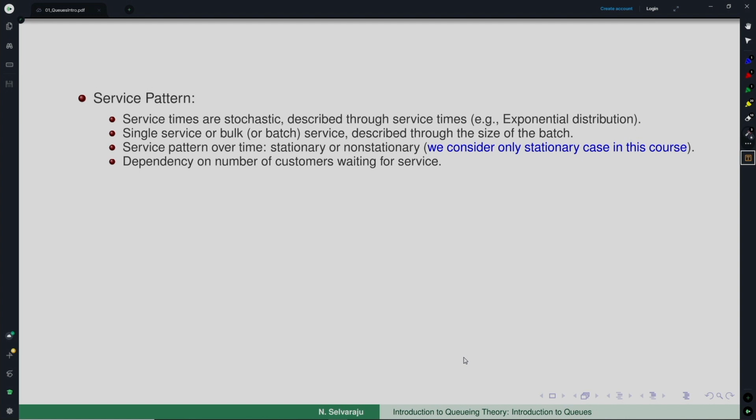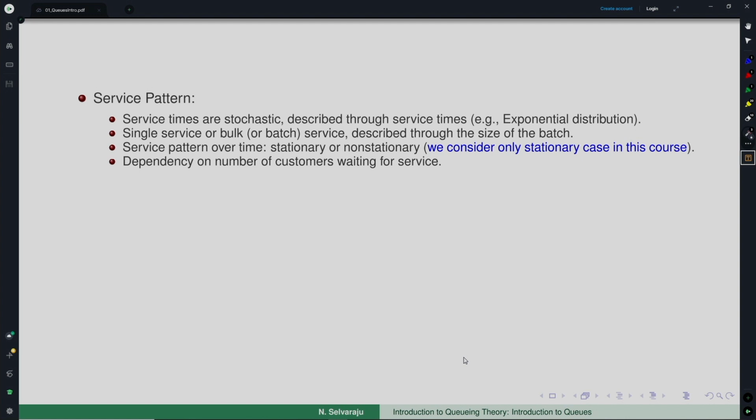So, pretty much whatever we have seen with respect to the arrival pattern also holds true for the service pattern, right. Again, if service times are deterministic, meaning constant, there is nothing much to analyze. Things are very well predictable in some sense, right.